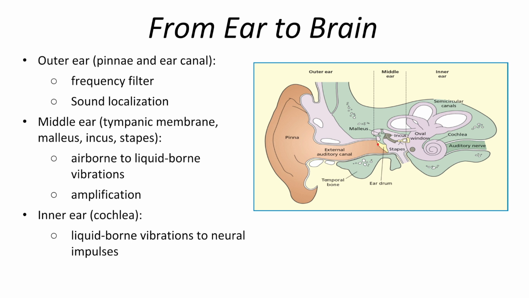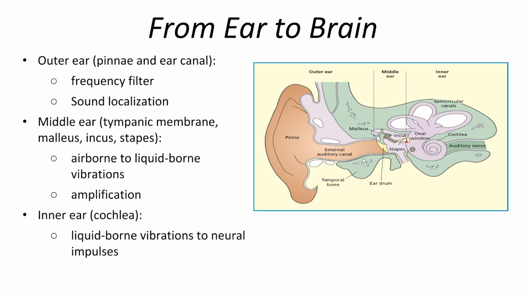Those compressions then will move these three small bones that will amplify the signal as it then causes compressions of the oval window. It's at this point that the middle ear converts these airborne vibrations to liquid-borne vibrations, because the oval window is a fluid-filled structure.